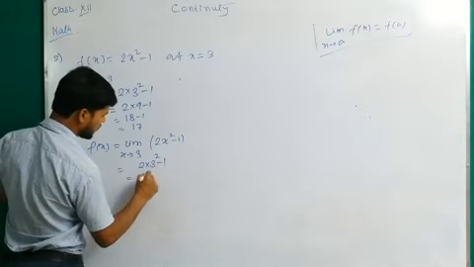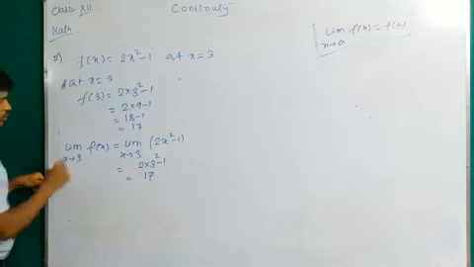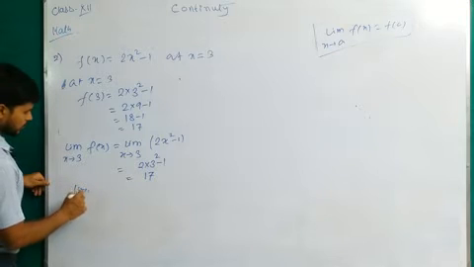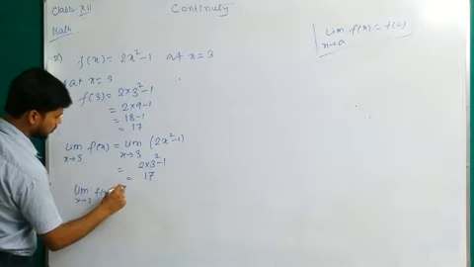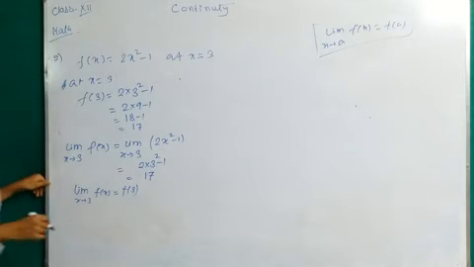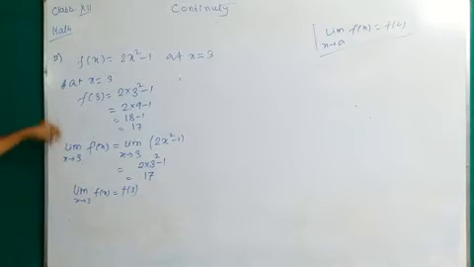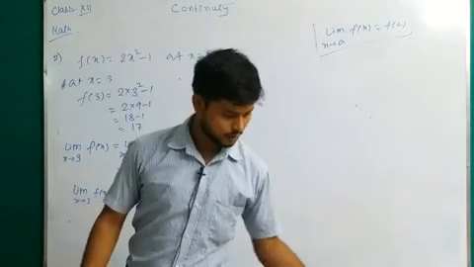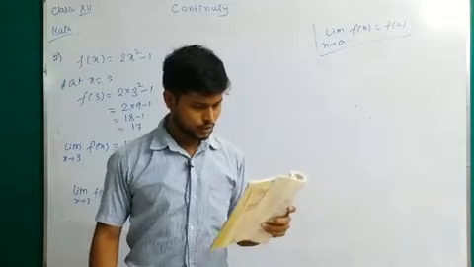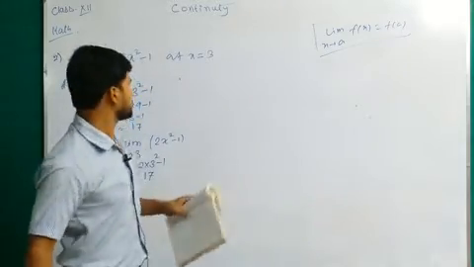So the result will be again 17. So we can write that limit x tends to 3, f of x is equal to f of 3. So we can say that the function is continuous at x equal to 3. Okay. Now let's move to the next question. Question number 3.